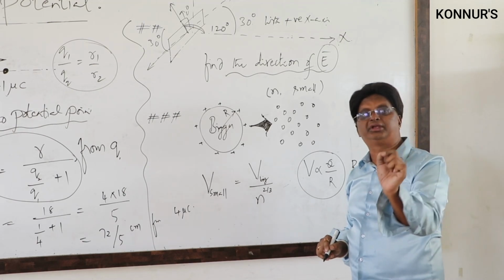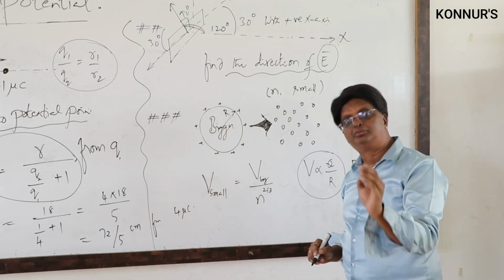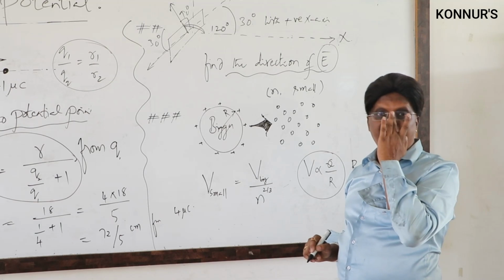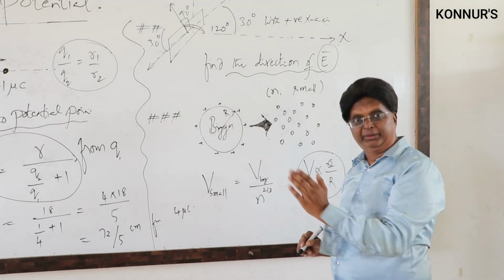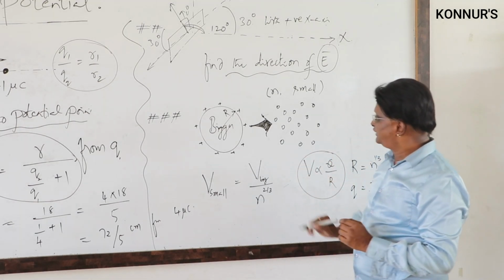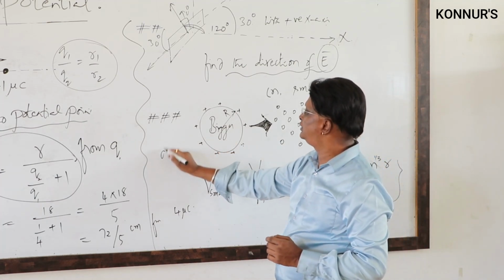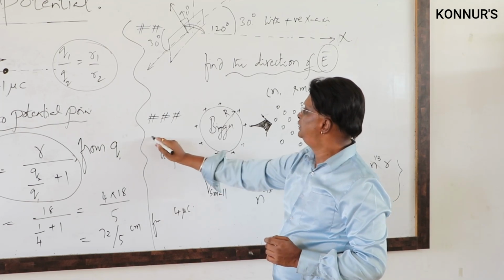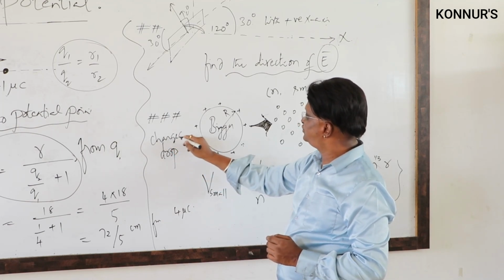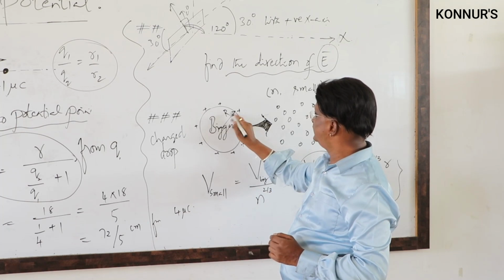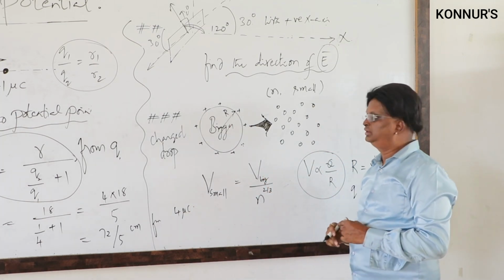One more thing I would like to remind you, the same expressions which we have given: potential due to a point charge, potential due to spherical shells or spheres. Now in this case, it's a bigger charged drop, of radius capital R, supposing.